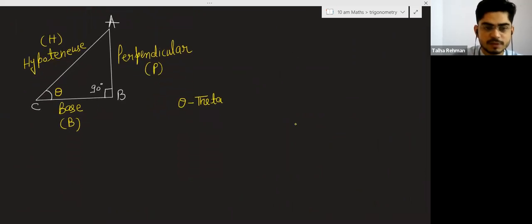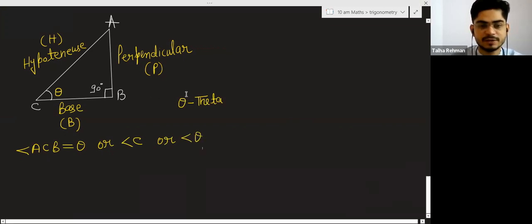Now see here. Suppose this angle is theta. This angle is theta, or angle C you can say, angle ACB you can also say. So angle ACB is equal to theta, or for this angle you can also write this as angle C, or you can say this angle theta, whatever you want, you can write it.